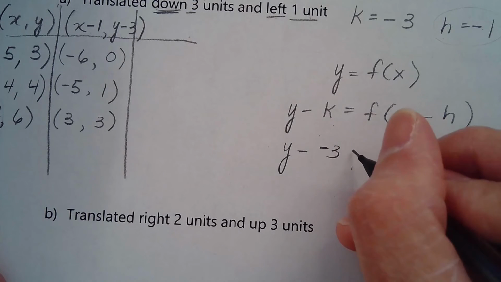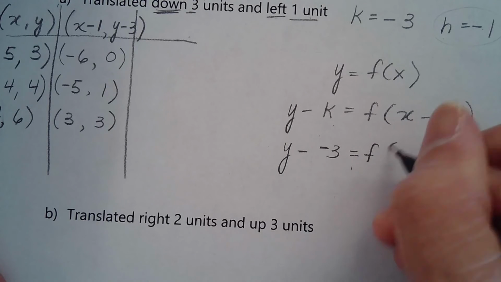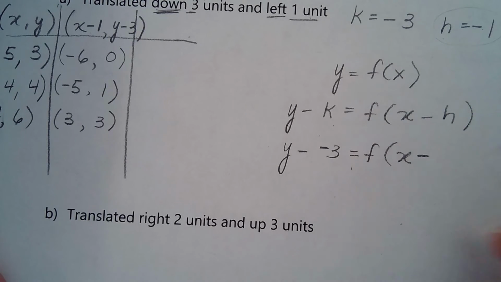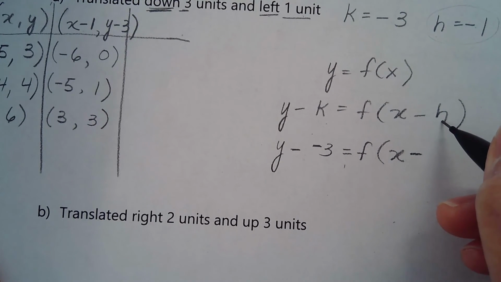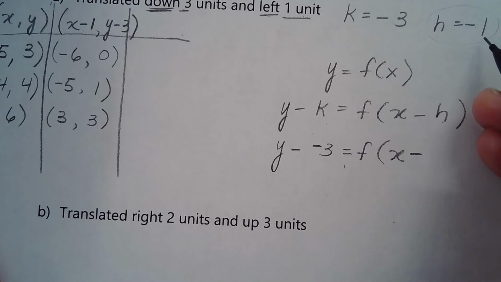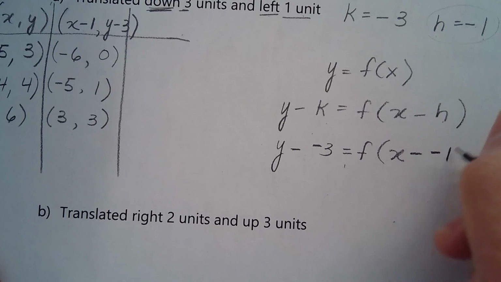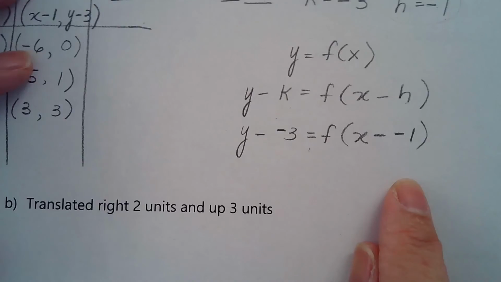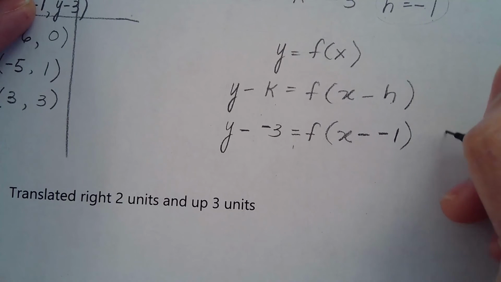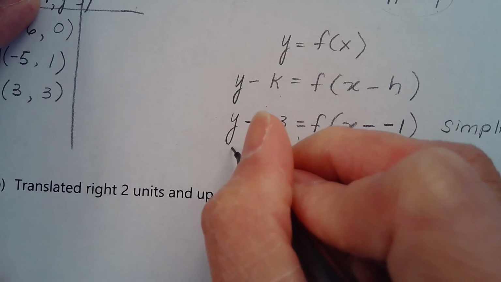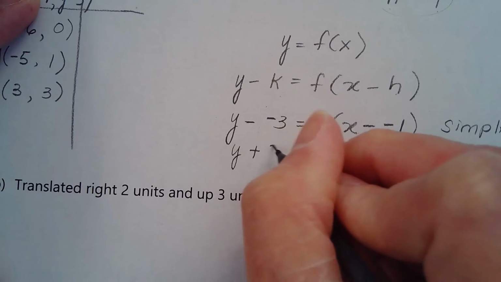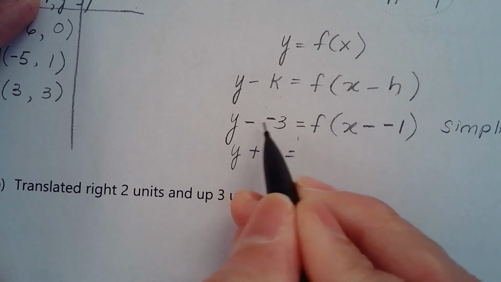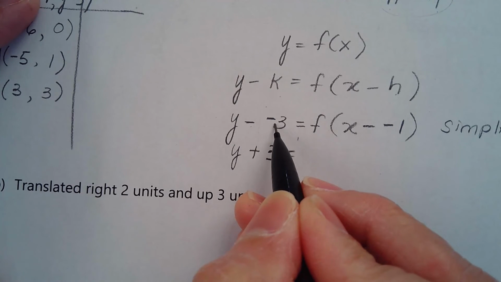Okay, equals f of x minus h. What's the h? H is negative 1. So negative 1. Okay. Now simplify. Y plus 3, because negative and a negative will give us a positive 3.